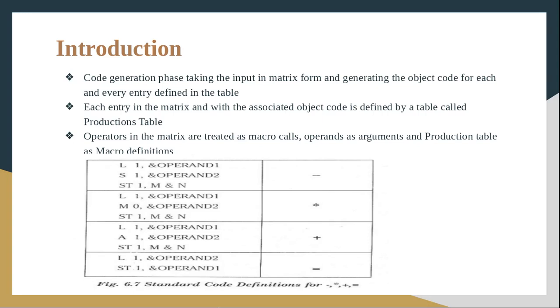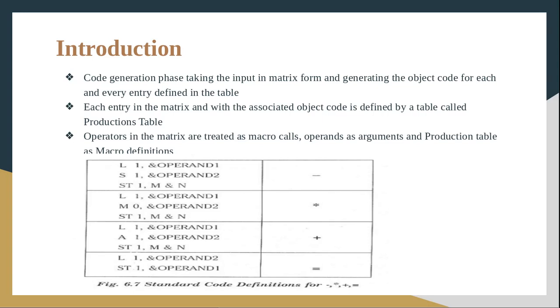That optimized intermediate form of our source program, that is the matrix form, will be given as input to the code generation phase. And in the code generation phase, it will be generating object code for each entry in the matrix form. So what is the mechanism we are using to generate the object code in this code generation phase?